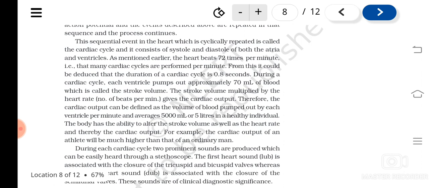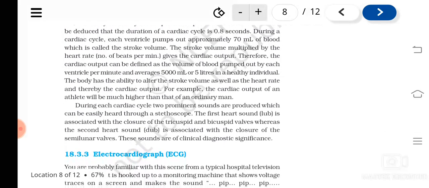The cardiac output is calculated as 5000 ml or 5 liters in a healthy person. So hope this much is very clear to you all.